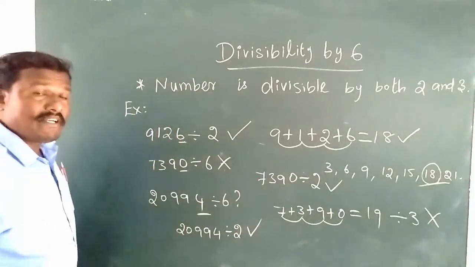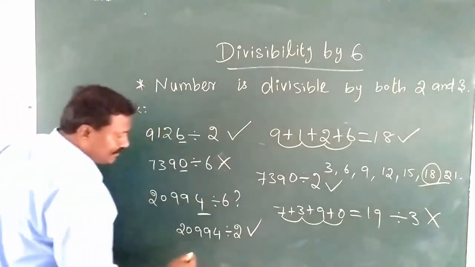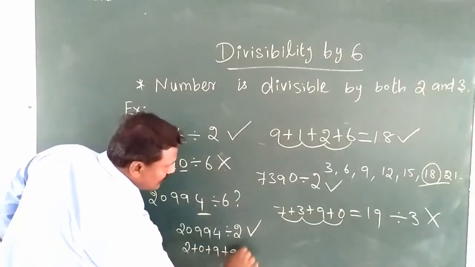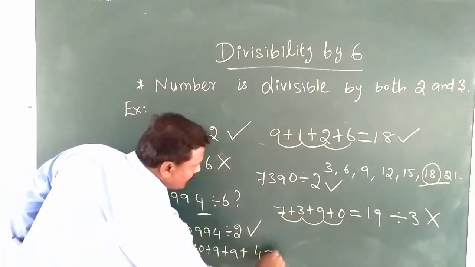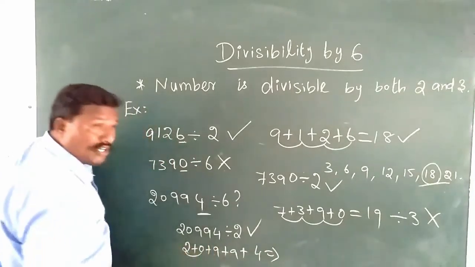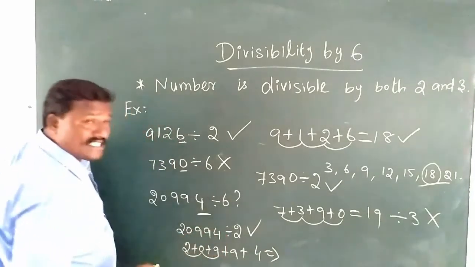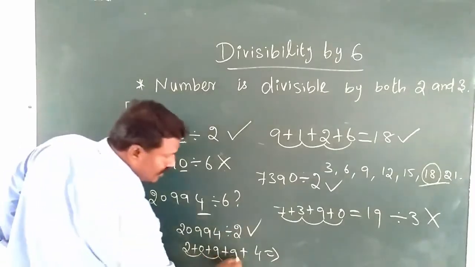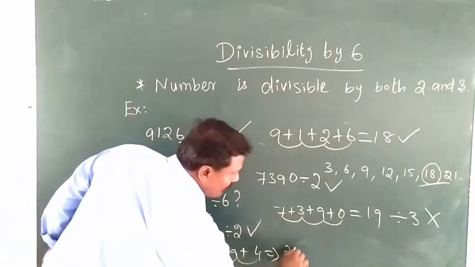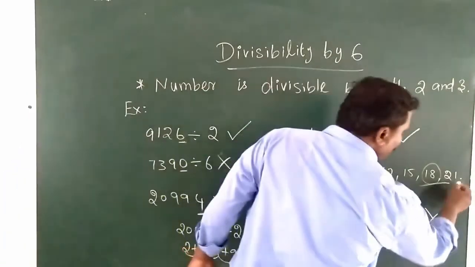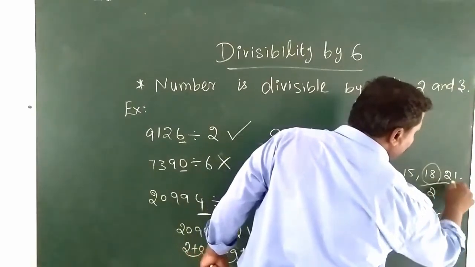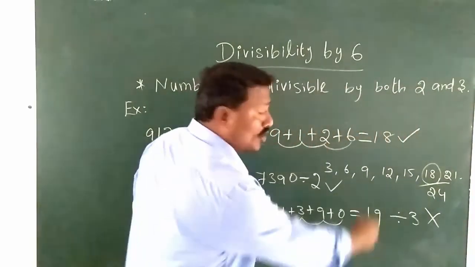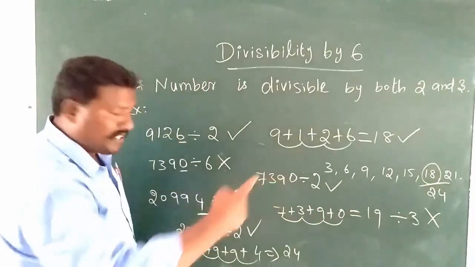Let me check whether it can be divisible by 3. How to check? 2 plus 0 plus 9 plus 9 plus 4: 2 plus 0 is 2, 2 plus 9 is 11, 11 plus 9 is 20, 20 plus 4 is 24. 24 is a multiple of 3.